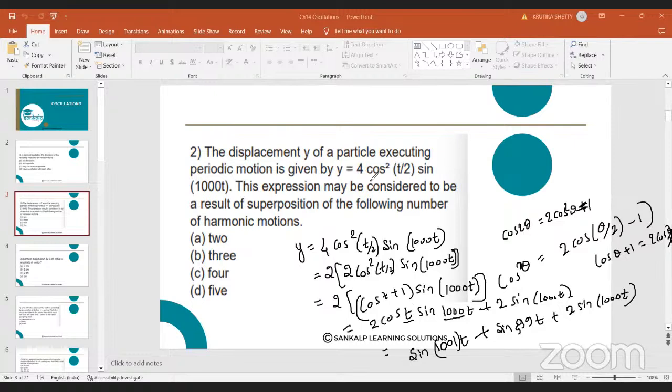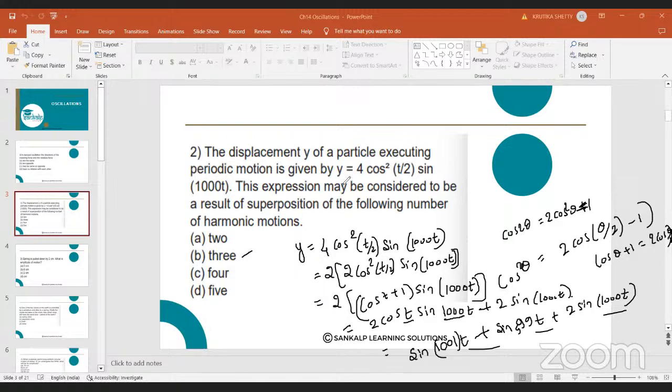Our equation 4 cos square t by 2 into sin 1000t. To get this equation, how many sine functions are we getting here? That is 1, 2 and 3. Therefore, to get the equation, the superposition of 3 waves or 3 harmonic motions is required. So the answer is 3 here.